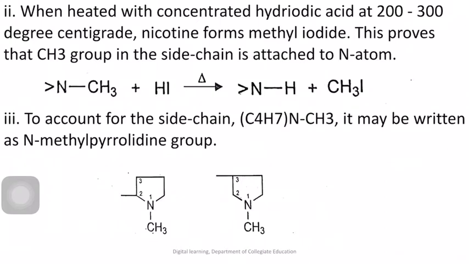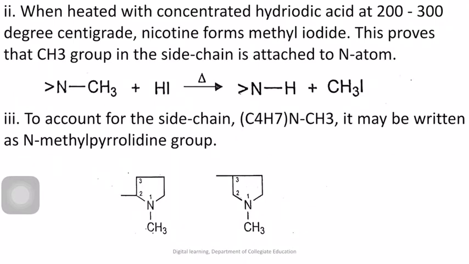This proves that the CH3 group in the side chain is attached to the nitrogen atom. See the equation. To account for the side chain, it may be written as an N-methyl pyrrolidine group. See the numbering of the pyrrolidine ring.